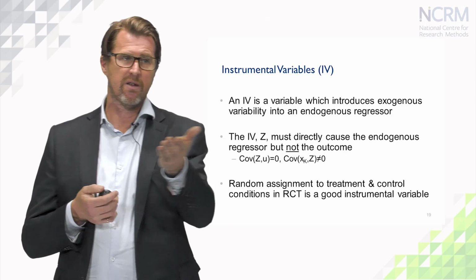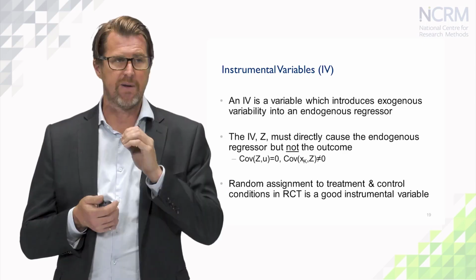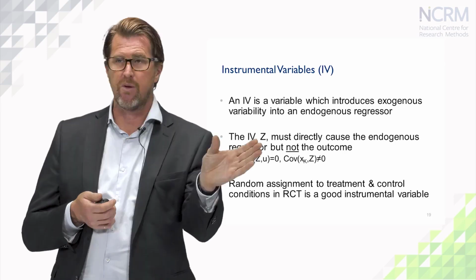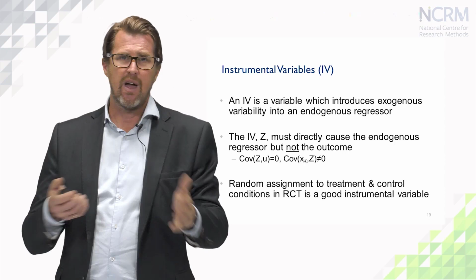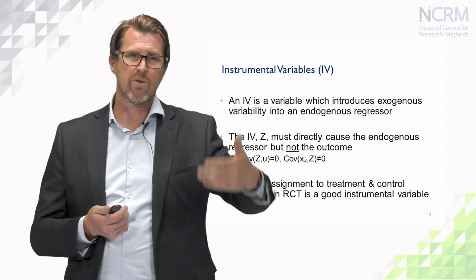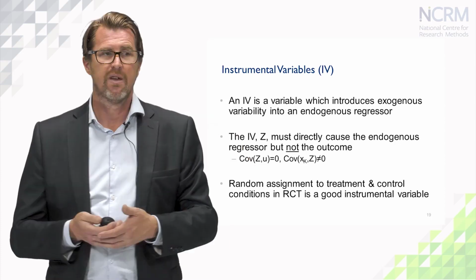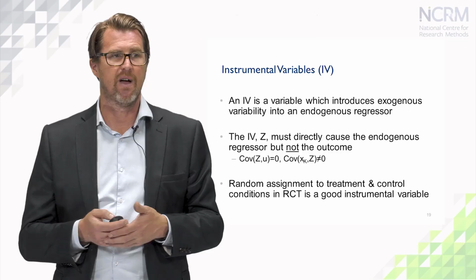This is a perfect instrumental variable because it's very strongly correlated with whether you are in the treatment or the control group, but it is uncorrelated with whatever the outcome is in the randomized control trial.